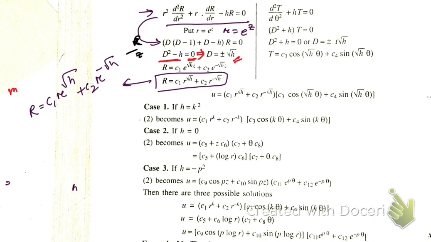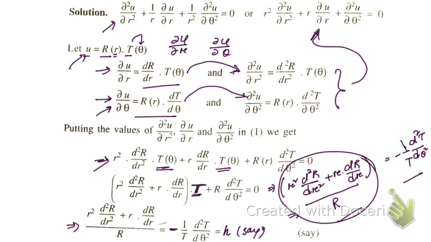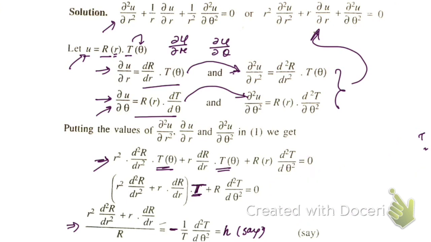Now let us take the other part of this equation. Here you see, let me go to the previous slide. Let me clean these things. So here you see, now we're going to take this part. Minus 1 by capital T, the second order derivative of capital T with respect to theta, is equal to h. If you simplify this, then what are you going to have?